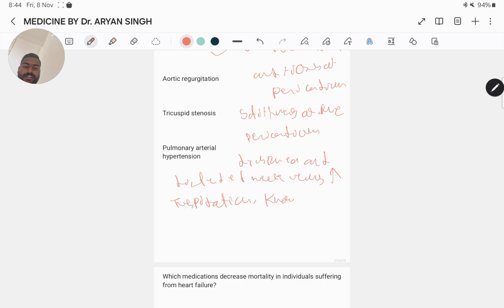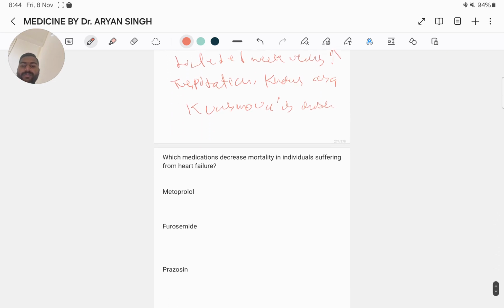Kussmaul sign. During inspiration, the intrathoracic pressure decreases, which causes an increase in venous return to the heart. In constrictive pericarditis, the rigid pericardium prevents the heart from expanding adequately, resulting in an exaggerated rise in jugular venous pressure. This also results in muffled heart sounds or absence of murmur, and usually a pericardial friction rub.